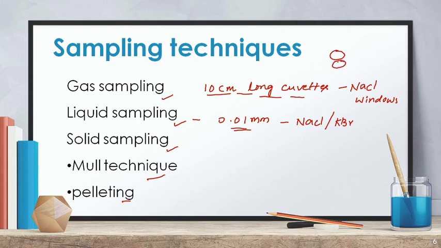In between the two plates we drop a sample, that is, a drop of liquid is placed in between the two sodium chloride plates, and then we squeeze the two plates. Whenever we squeeze the two plates, we get a liquid film in between them. Now we pass the IR radiation onto the liquid film, and then we take the spectra. So this is nothing but liquid sampling.